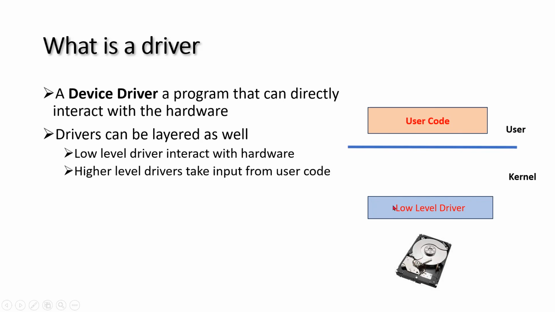There can be higher level drivers which can take input from the user mode code. So there can be multiple drivers instead of just two. The top level drivers send information to the lower drivers, and finally the information is received by the lowest driver, which is the device driver.